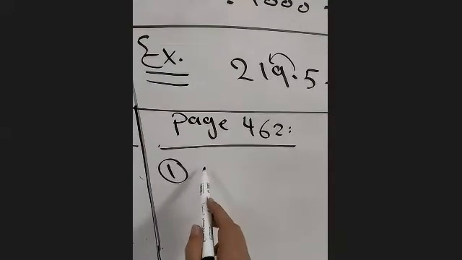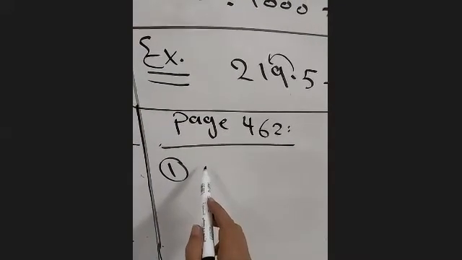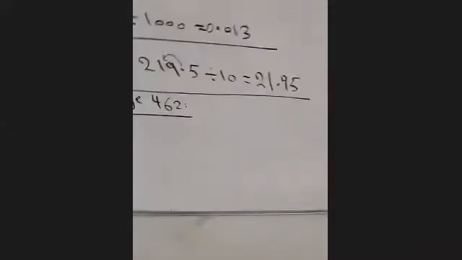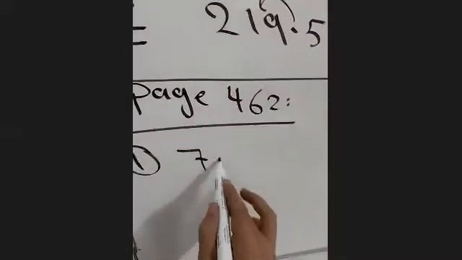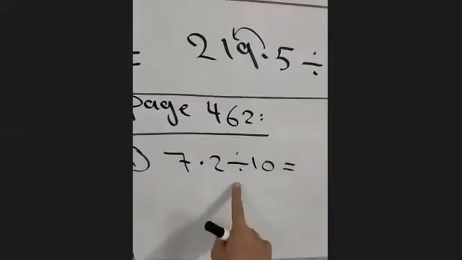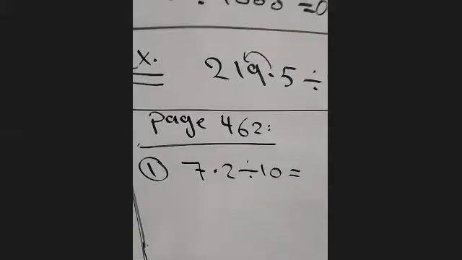Question 1. Divide, check your answer using multiplication. 7.2 divided by 10. In division, do we go to the right or to the left?